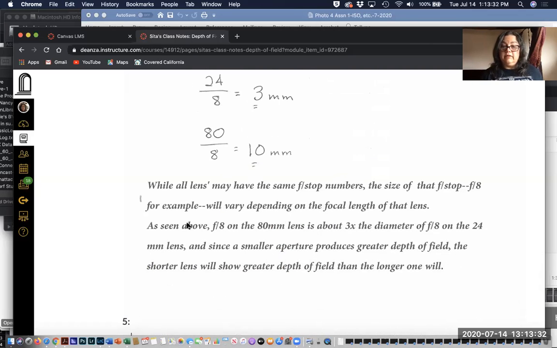Okay, and then we have this. While all lenses may have the same f-stop numbers, the size of that f-stop, f8 for example, will vary depending on the focal length of that lens, as seen above in what we just did. So the focal length of the lens is the second thing that affects depth of field.